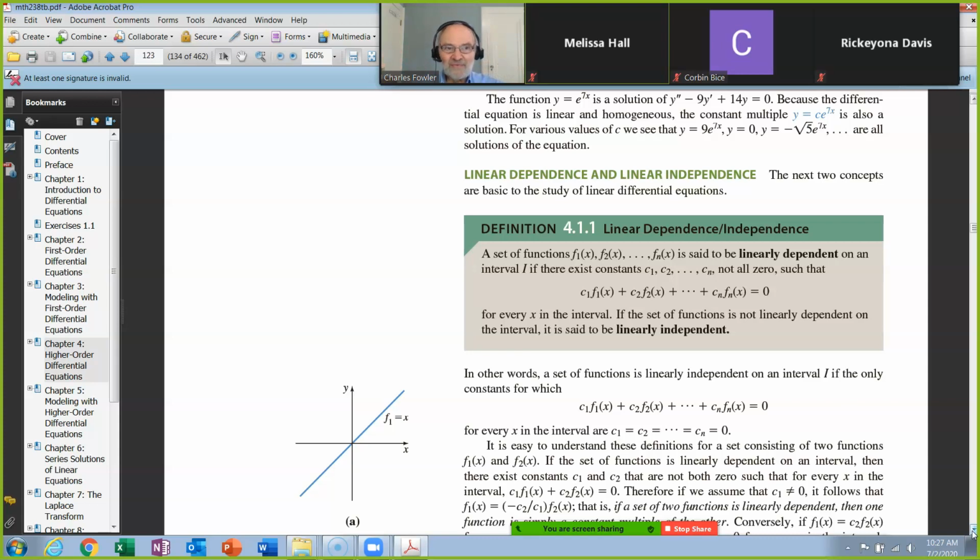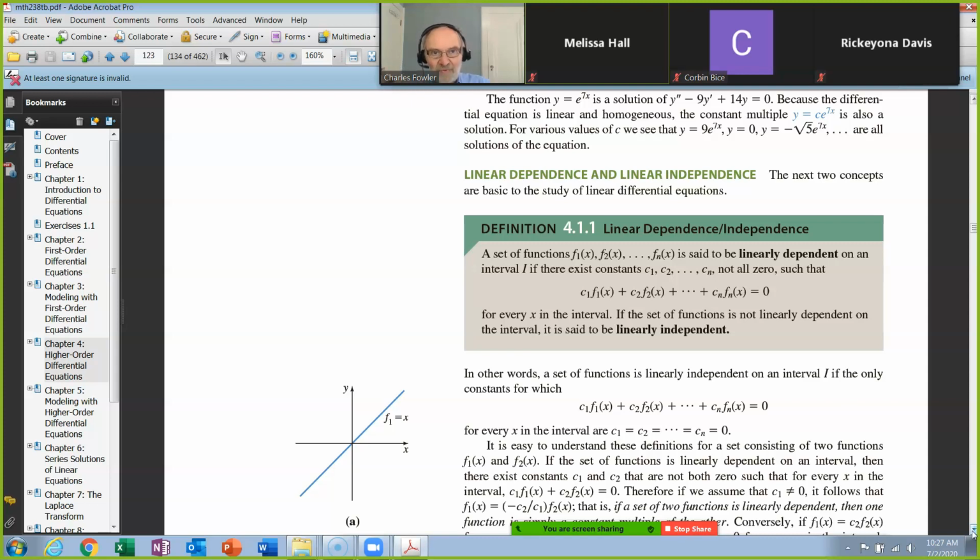They don't say verify it, but because that differential equation is linear and homogeneous, the constant multiple c times e to the 7x is also a solution.